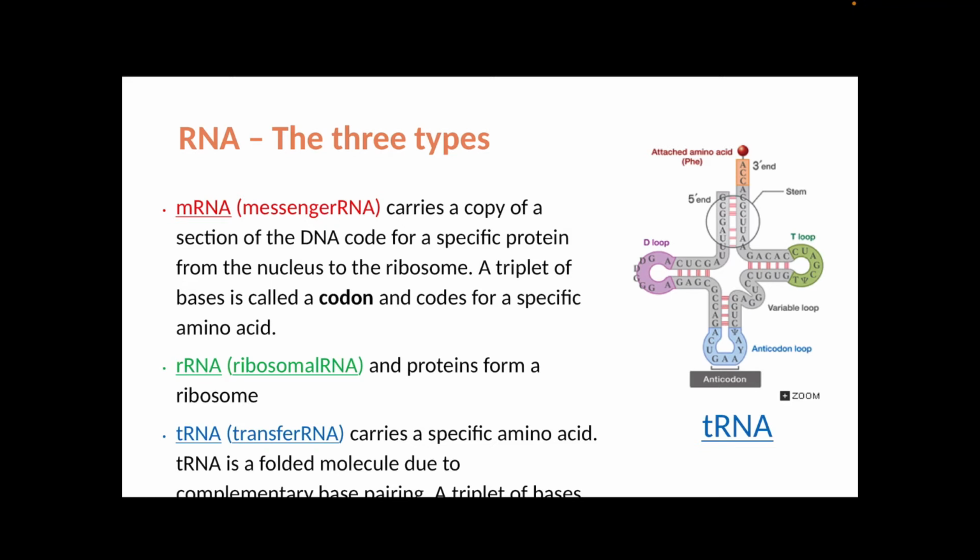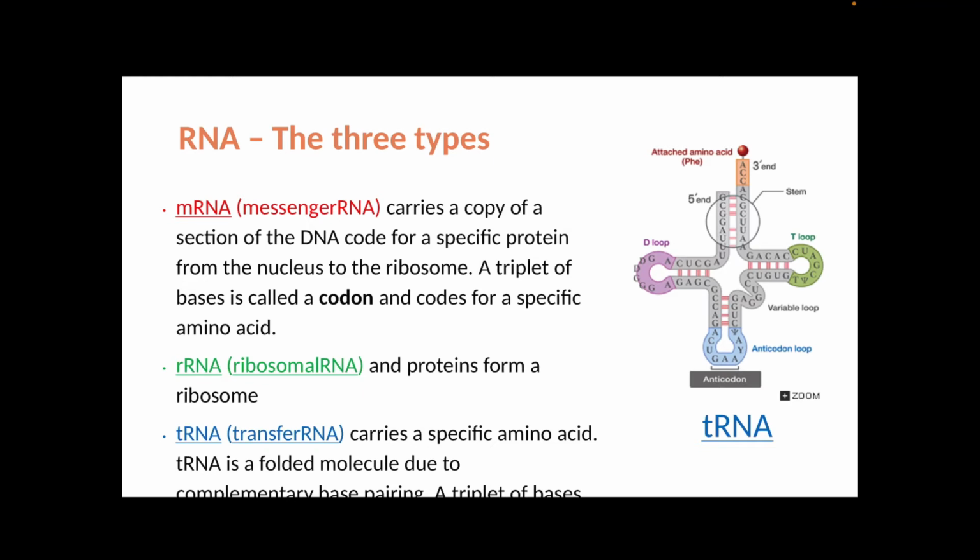At the 3', it's what we call an amino acid attachment site. That's where the different amino acids that tRNA molecules carry will attach. And at the very bottom, although the rest of the bases are facing in and have hydrogen bonds between the base pairs to create the fold, at the bottom there are 3 bases exposed. Instead of calling it a codon, we call it an anticodon.